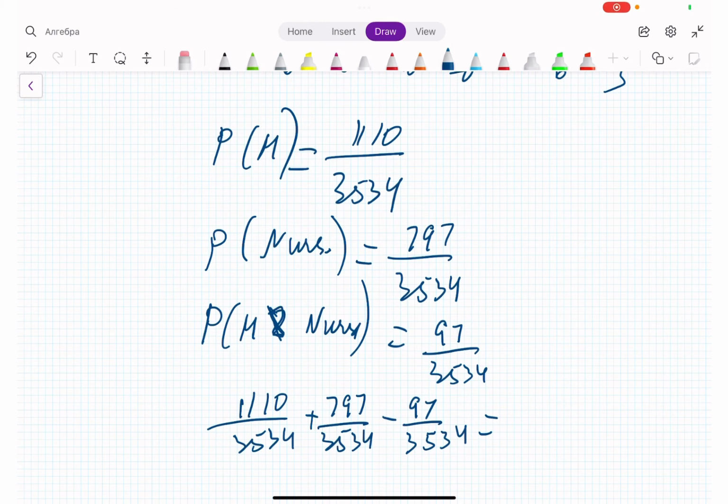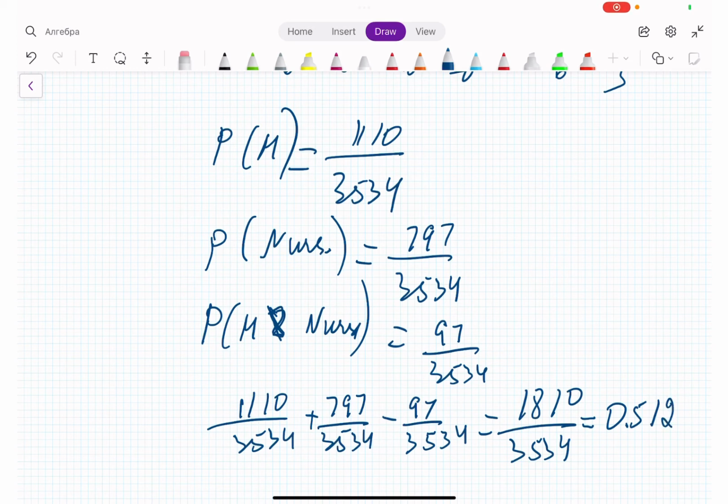1110 plus 797 minus 97, and I'm getting 1810 over 3534. Since we need the decimal notation, I divide 1810 by 3534, and I am getting 0.512, rounding to 3 decimals.